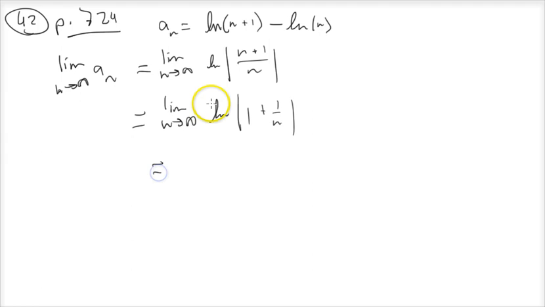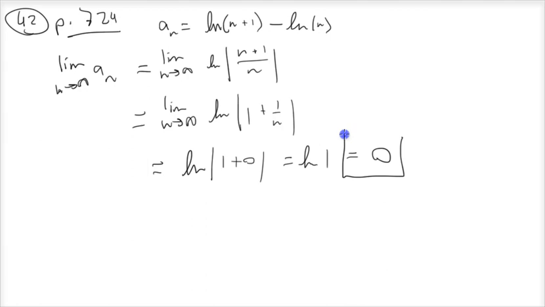So we can actually just evaluate this limit right now. We're going to get the natural log of 1 plus 0, which is equal to the natural log of 1. And if we remember that, the natural log of 1 is 0. So this sequence converges to 0.